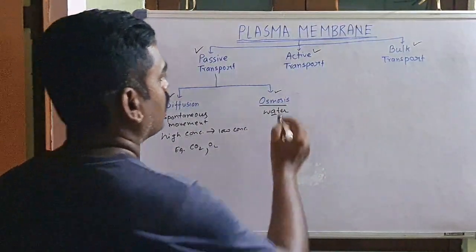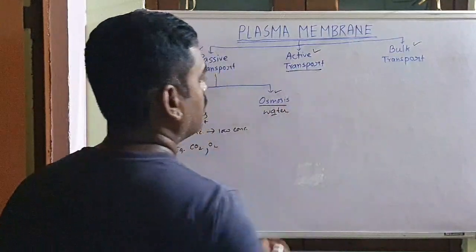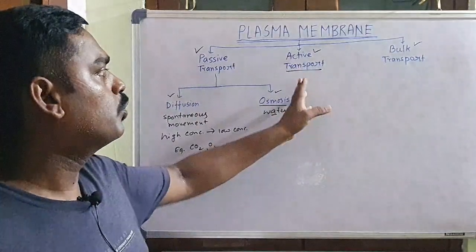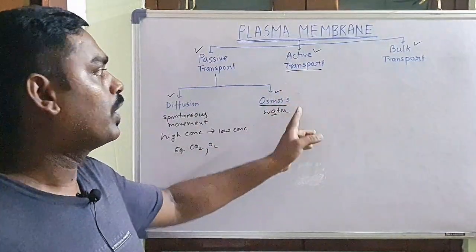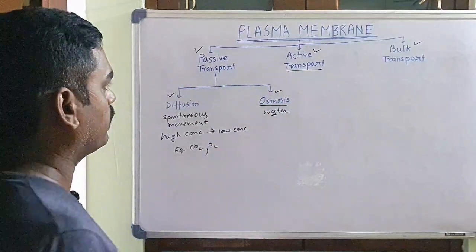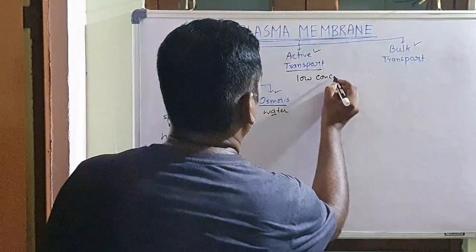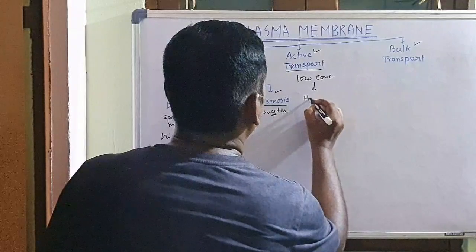But if we think about the next type of transport, that is active transport, in active transport there is always movement of the molecule from lower concentration to higher concentration.